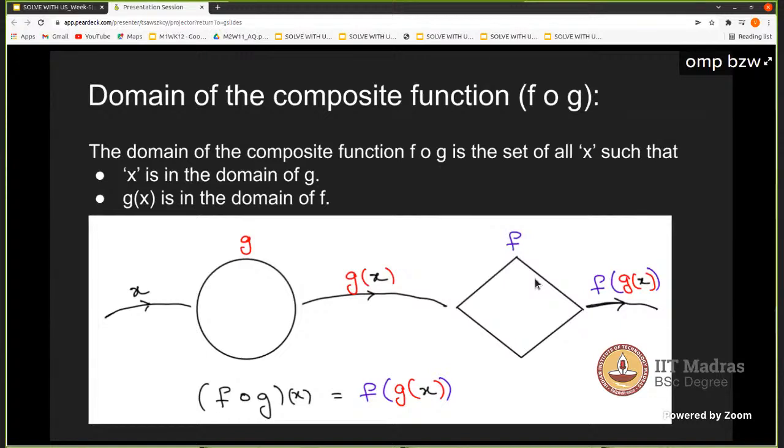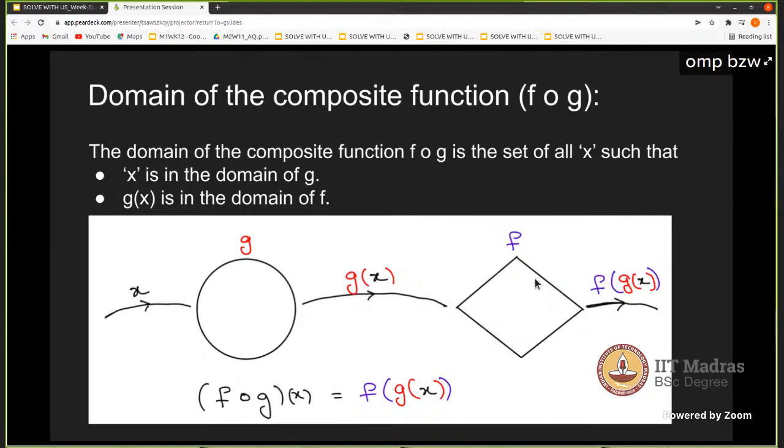The first filter is that of all real numbers x, only the x which are in the domain of G can come inside function G, and they will come out as G of x. And not every G of x will go into f. Only the G of x's which are inside the domain of f will go into the function f, and the remaining will stop there itself.